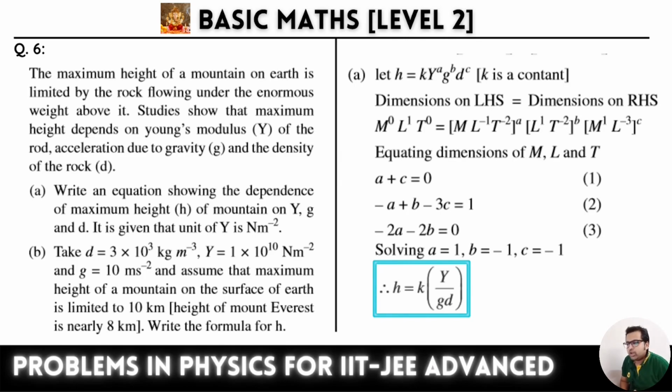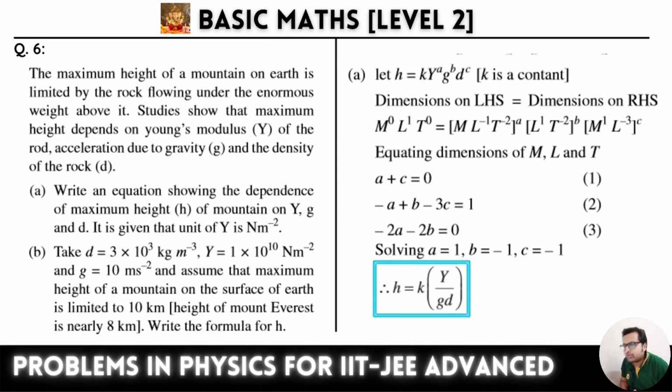Okay. Now we know that from the principle of dimensions, dimensions of LHS should be equal to dimensions of RHS. If I talk about the dimension of LHS, that is the dimension of height. Height is length, so its dimension will be M⁰L¹T⁰. It's very clear.